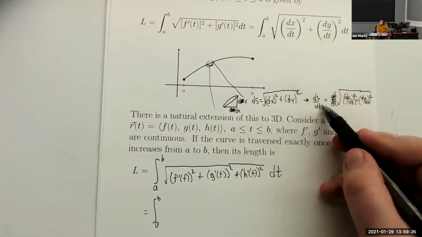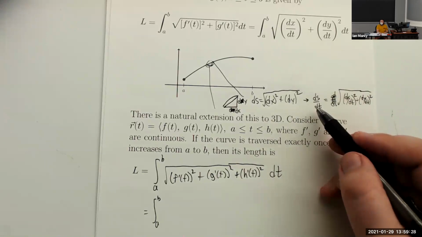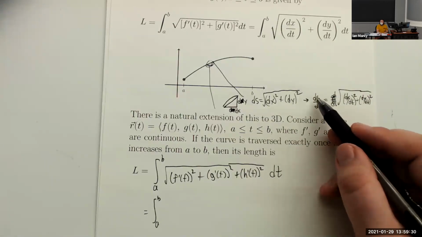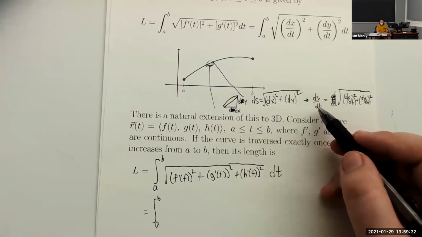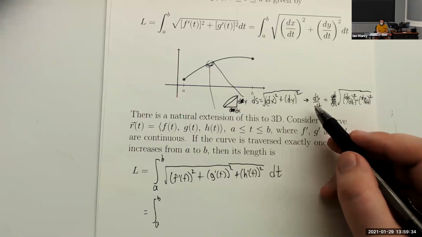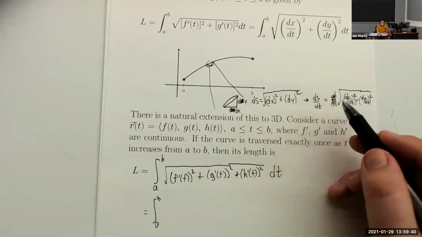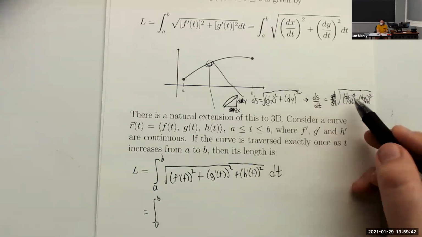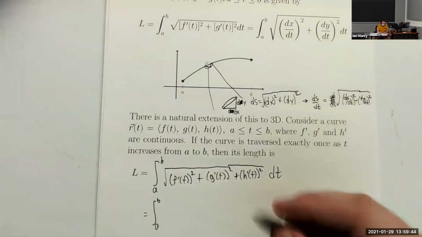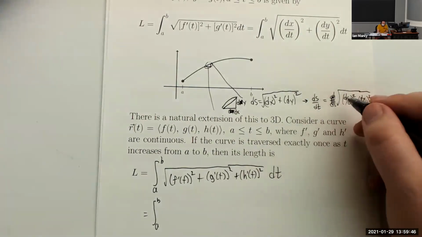What was the name of this quantity? Does anyone remember? It's a physics term, and it's a rate of change of a position. It's not quite velocity, because it's going to be the magnitude of something. It's going to be the speed. So this is the speed right here.